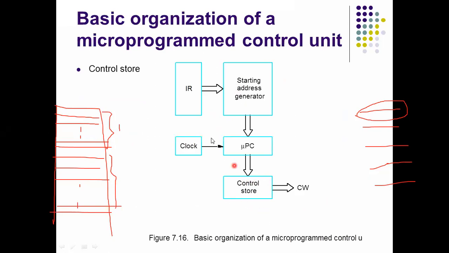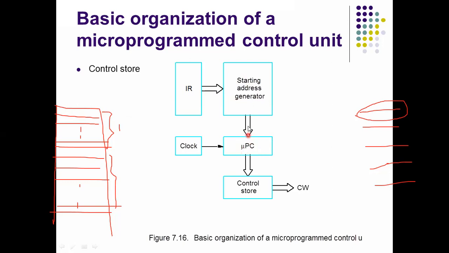Actually, what is the procedure here? The instruction register takes the instructions one by one, which will be divided into some micro instructions. That is given to the starting address generator. So what is the address location for the first instruction? The starting address generator gives it to the micro program counter.